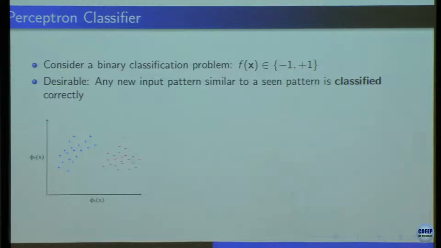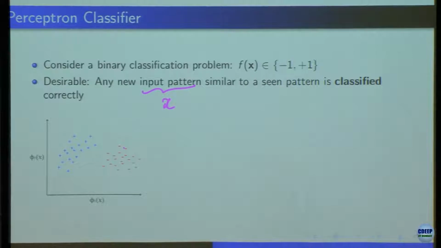So let's say this new point, any new input pattern similar to a seen pattern, is classified correctly. So if x is here in this negative set, you would like fx to be less than 0. And that's how you will determine the class, whether you solve it using regression or any other method.